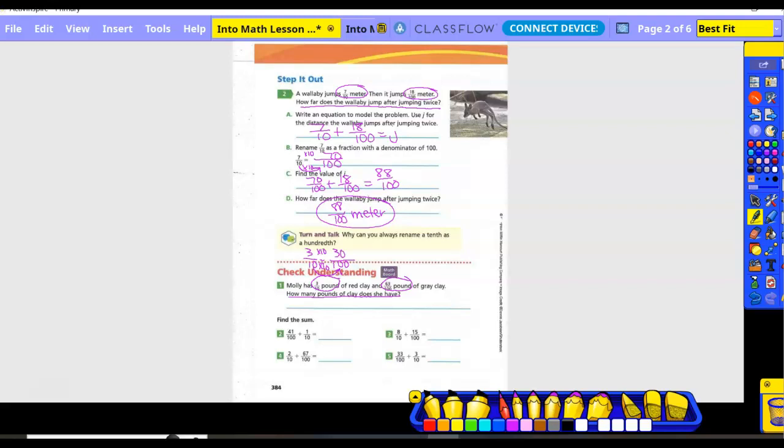Add 63. So 30/100 plus 63/100. Now can I add those together? Yes, because they have a what? A common denominator. So what is 30 plus 63? 93/100. And what's my label? Pound.